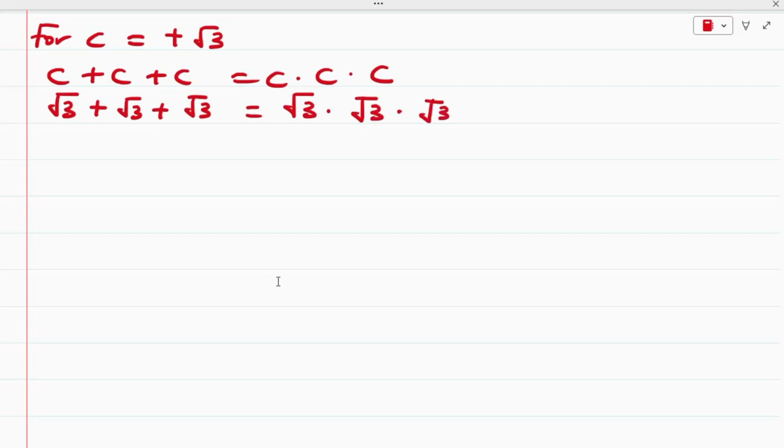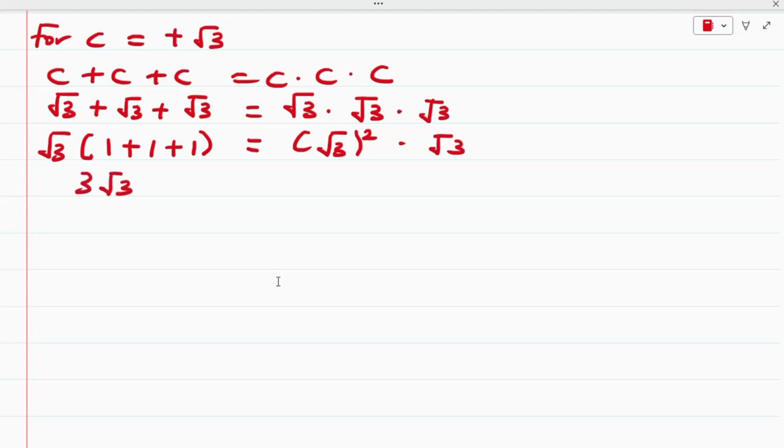So if you add this part, this is going to become root 3 into, factorizing, 1 plus 1 plus 1, which is equal to, this multiply this will give us the root of 3 all squared multiply root 3, right? So this is going to become 1 plus 1 plus 1 is 3. So this is 3 root 3, which is equal to, when this cancels out this, we have 3 left. So 3 multiply root 3, this becomes 3 root 3. And therefore we can say that c equals root 3 is a valid solution.